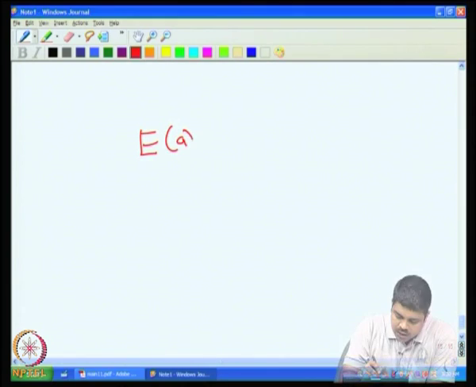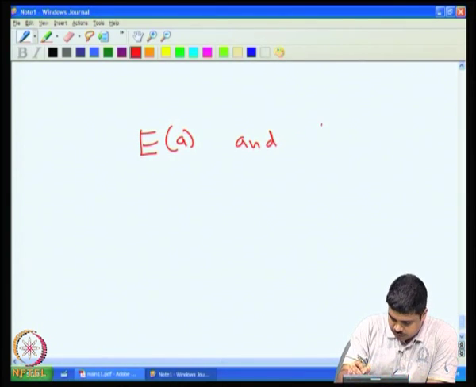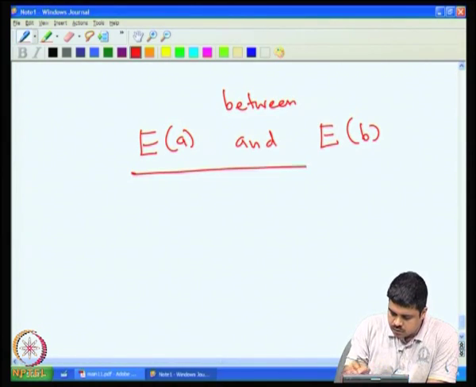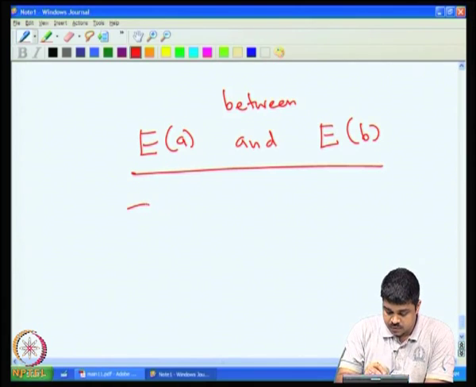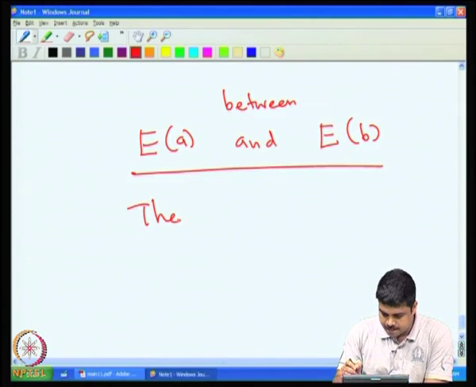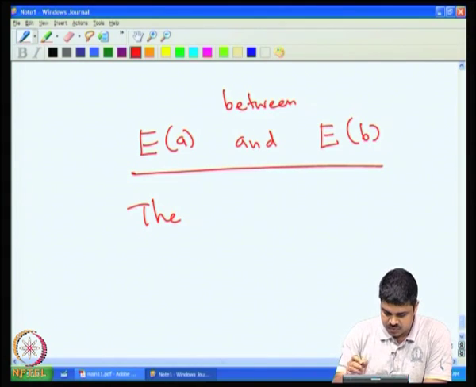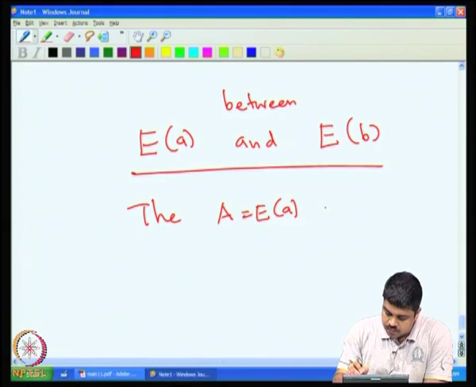We will collect those vertices. Now, between E of A and E of B, we consider the separator, A equal to E of A, B equal to E of B.